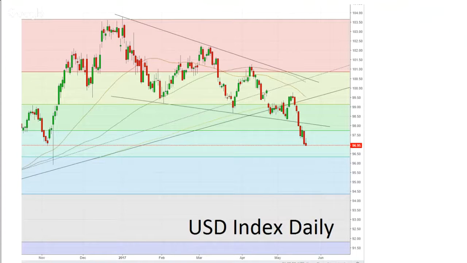Daily chart shows us that the daily moving averages, the 50-day moving average and 100-day moving average now have downside bias. And the 50-day moving average, the brown line you can see here at this picture, is getting close to the gold line, located just above 99. And this will be a dead cross and the confirmation of the bearish negative bias for the US dollar.